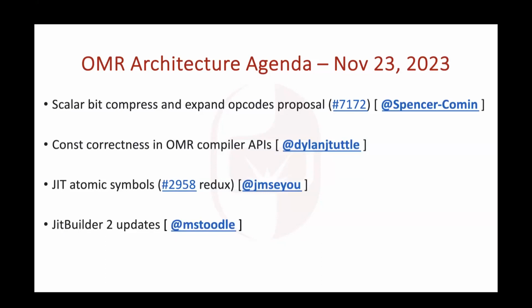So he wanted to have a discussion around some of the thinking that went into the JIT atomic symbols from a design a couple of years back, and we seem to have ended up with two implementations. It's a very common theme in the JIT, I think, but two implementations of one thing, and we want to decide on the right path forward here. So anyways, James, I'll turn it over to you. Take us through this.